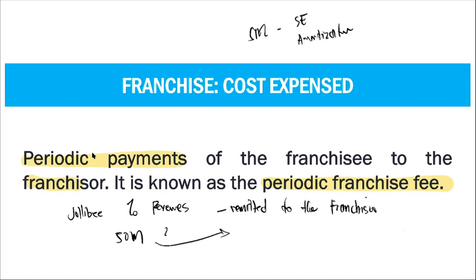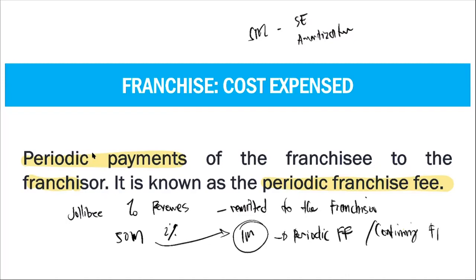So for example, your total revenues is 50 million pesos. A certain percentage of that will be given to your franchisor. Let's say 2%. The 2% of 50 million, that is 1 million pesos, will be given to your franchisor. This 1 million pesos is known as your periodic franchise fee, or sometimes it is known as continuing franchise fee.